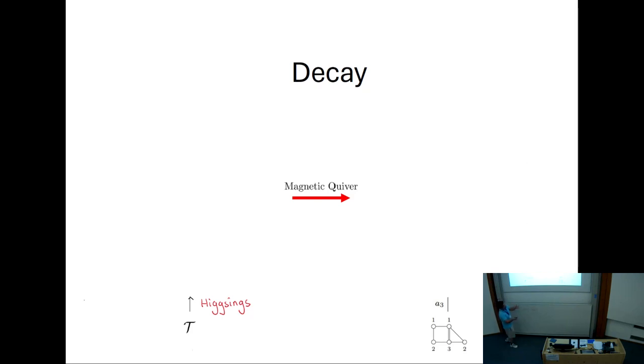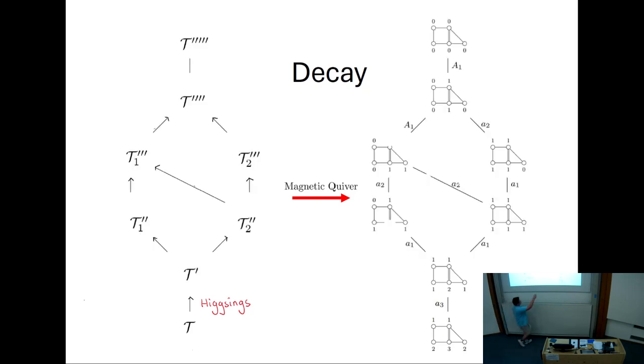Decay basically means I reduce the ranks of the gauge groups, the numbers over here, in a way such that the resulting quiver is good, by some definition of what a good quiver is. So it decays to this quiver, and that means T will Higgs to some theory T prime whose Higgs branch is described by this magnetic quiver.